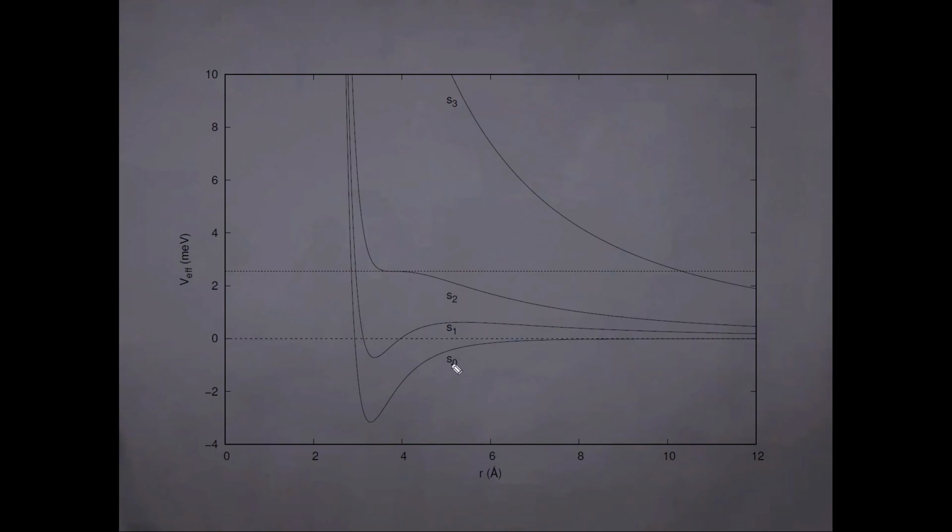So what we see is that when S0 corresponds to a nearly vanishing impact parameter, so there is virtually no centrifugal barrier, the effective potential looks fairly similar to situations we have previously discussed.